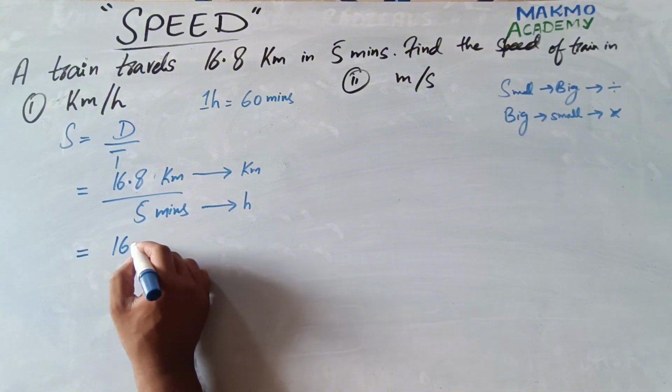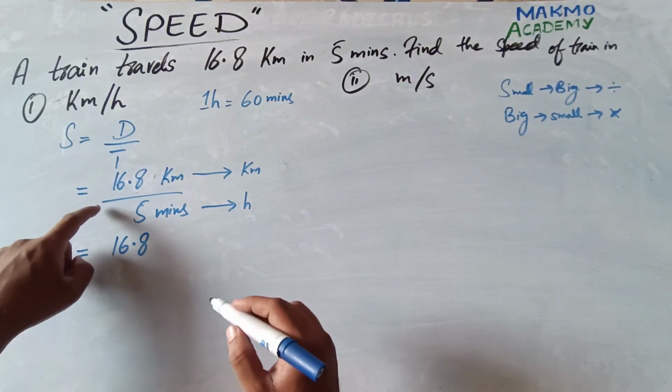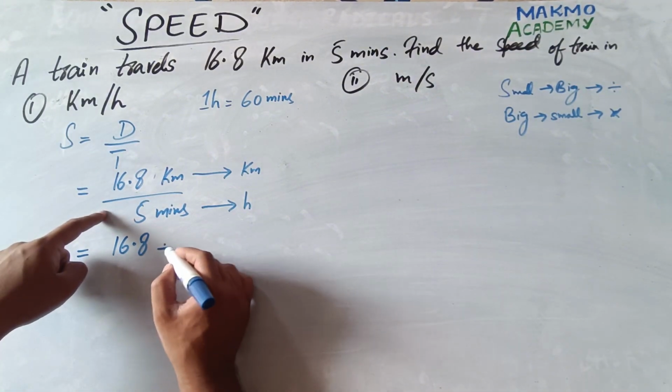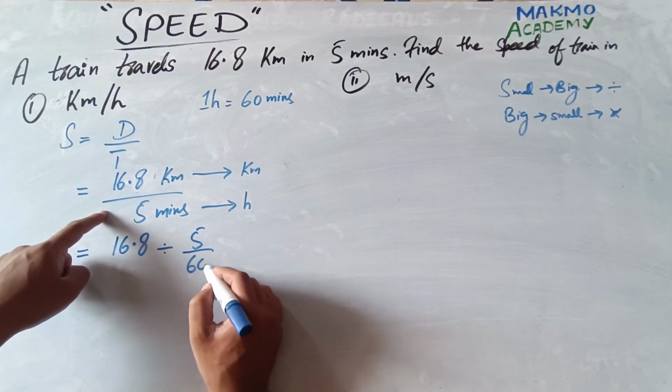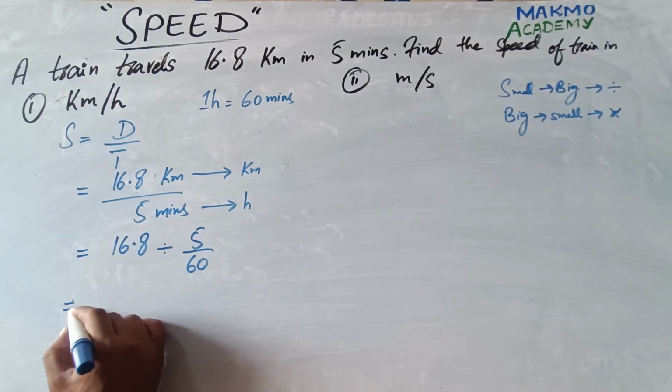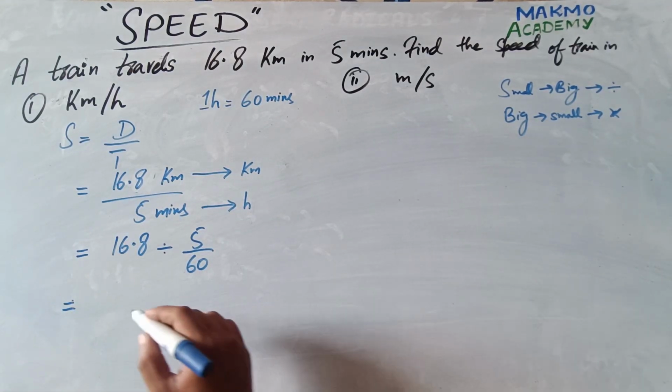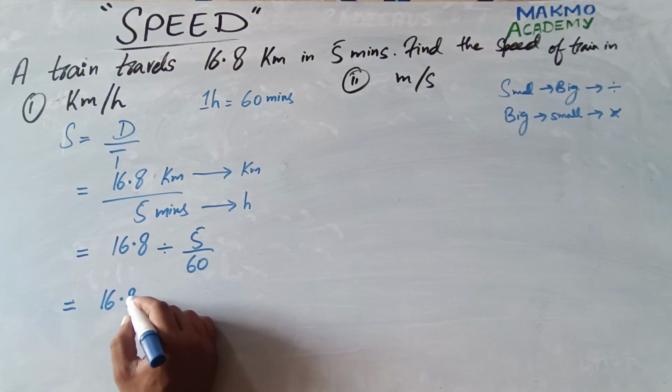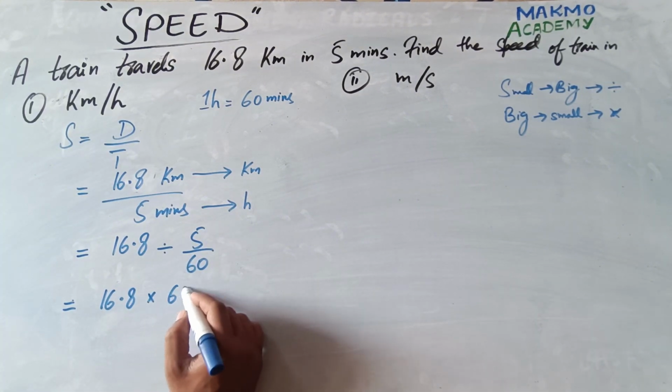So 16.8 upon 5 divided by 60. Now, in order to avoid confusion with double fractions, this divide sign converts into a multiply sign.